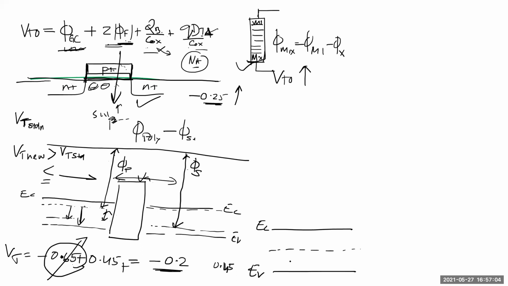If I dope it as N plus, where is my Fermi level going to be, close to the conduction band or valence band? Conduction band. Okay, so that's N plus. How about P plus? Valence band. That's what is happening here. So what are you confused about?